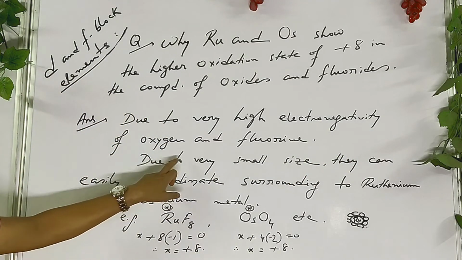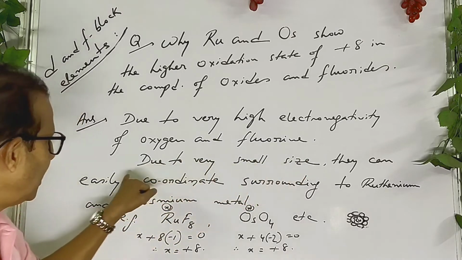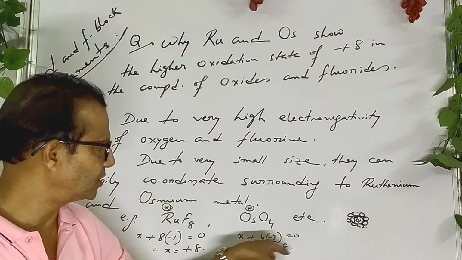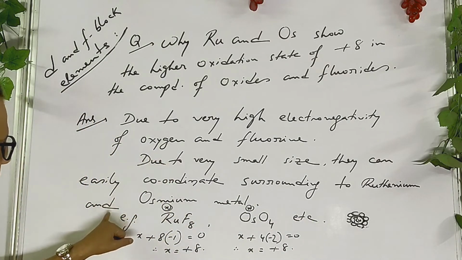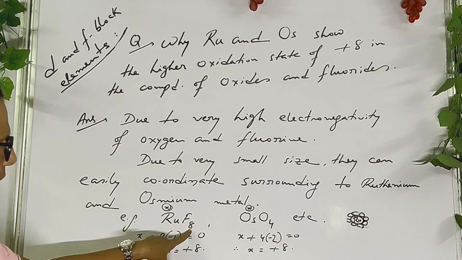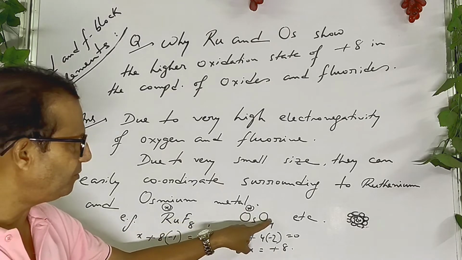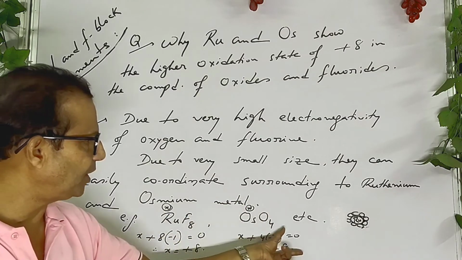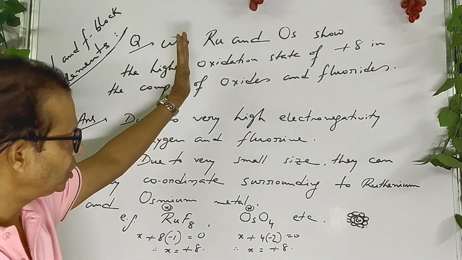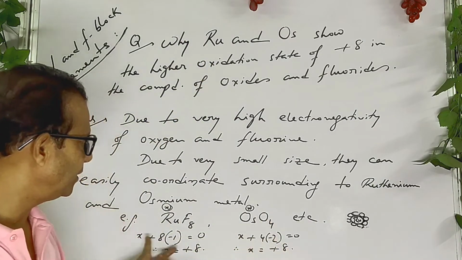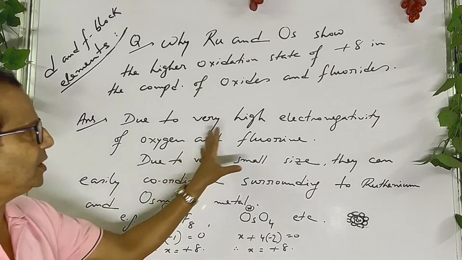Another reason, due to the very small size, they can easily coordinate around ruthenium and osmium like this. That's why you can write the example, ruthenium octafluoride, osmium tetraoxide. Only write the example, but don't show the working. This question hardly carries 1 mark, so don't show it. It's for your understanding. So I think you understand it.